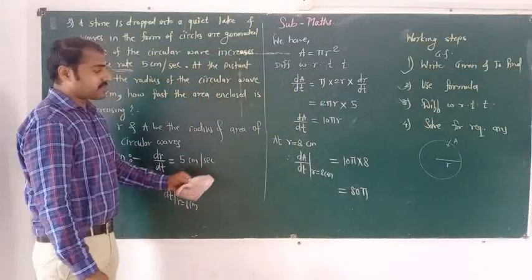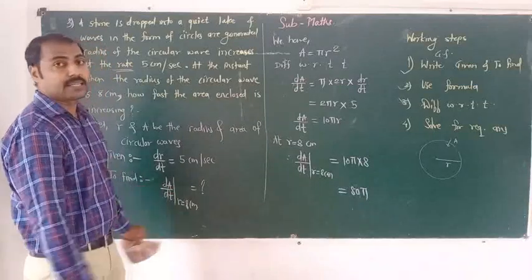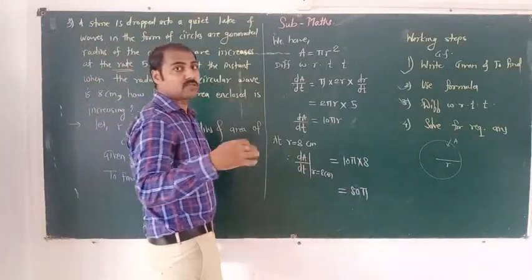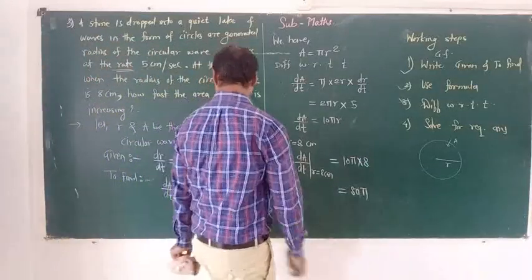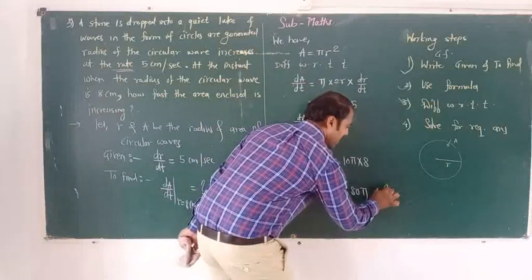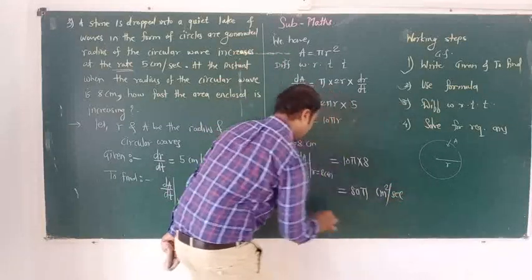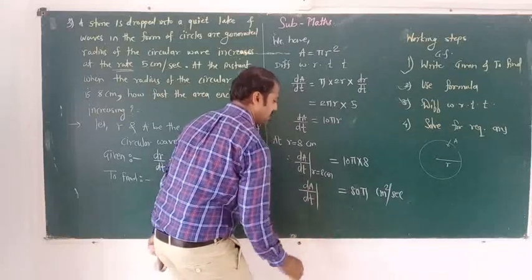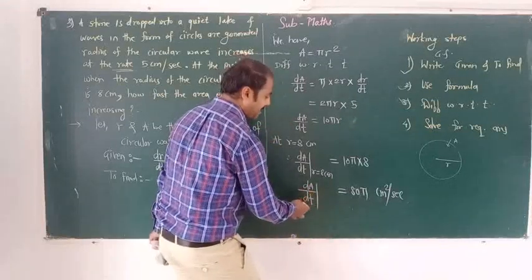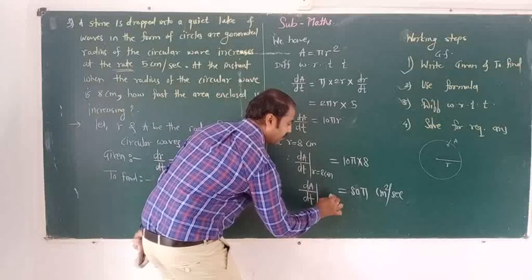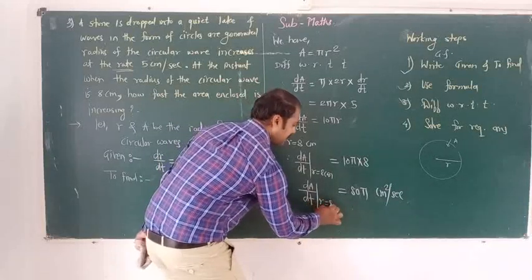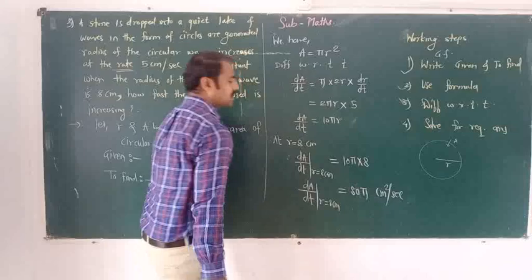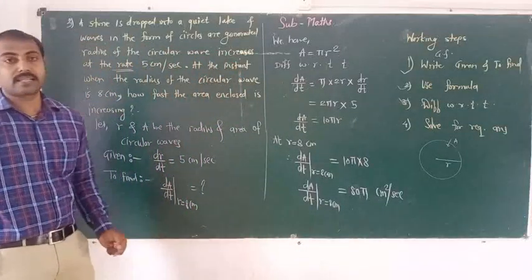It's a rate of change of area, and the unit of area is square units, so centimeter square per second. The area is increasing at the rate 80 pi when the radius of the circular wave is 8 centimeter.